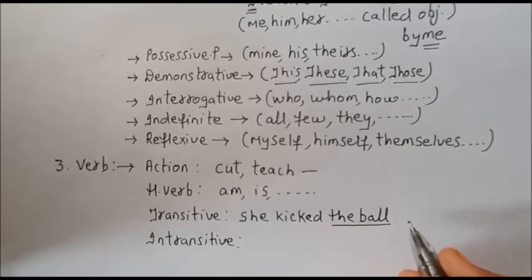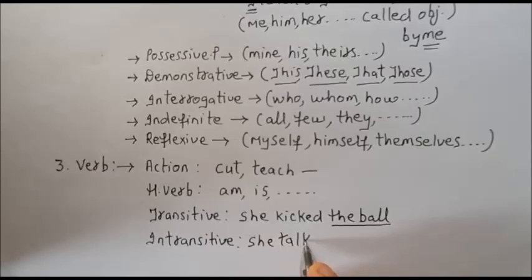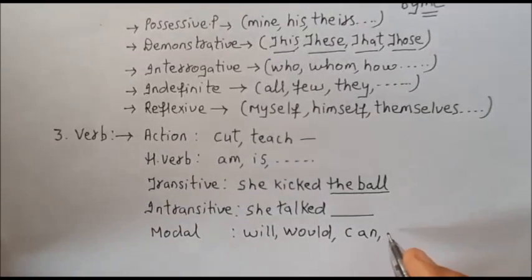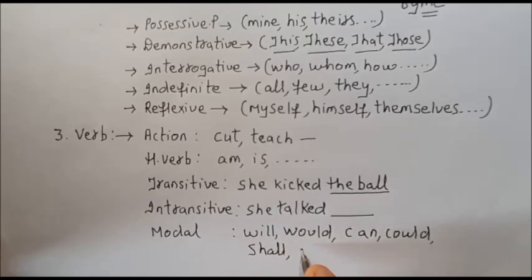But the moment I say she talked, you don't need any object over here, right? So, transitive, intransitive, and finally there are some modal verbs. You can also call them modal auxiliary verbs, like will, would, can, could, shall, should.